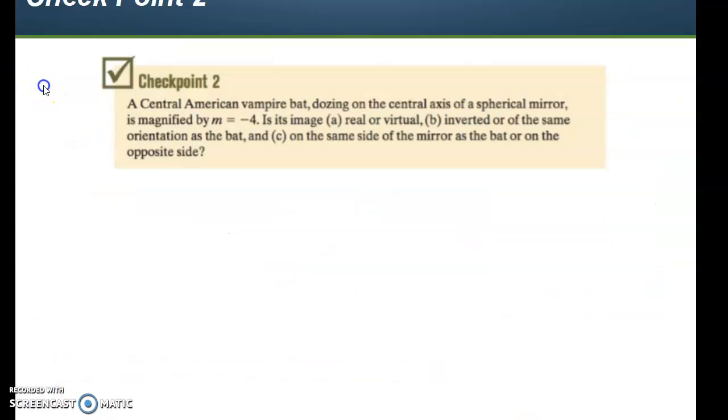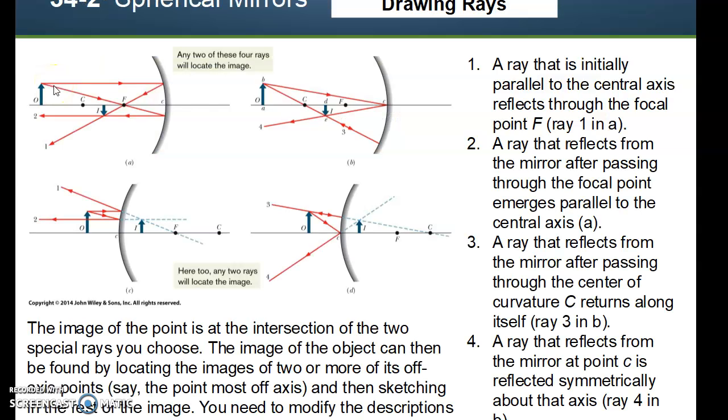That's this one right here, through the focal point, and then it comes back out through here. So you see that something that is parallel to the axis is going to come back through the focal point. If it goes through the focal point, it's going to come back out parallel.